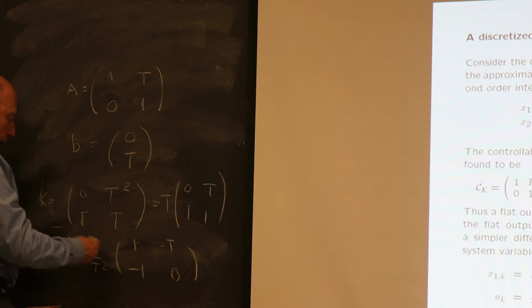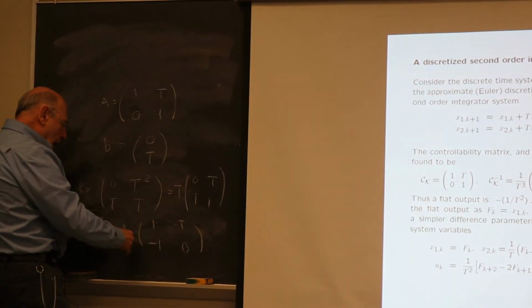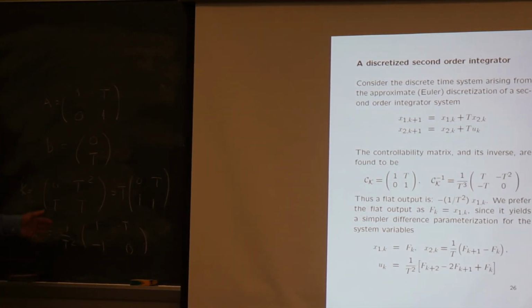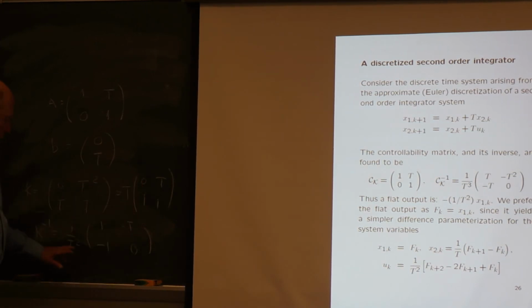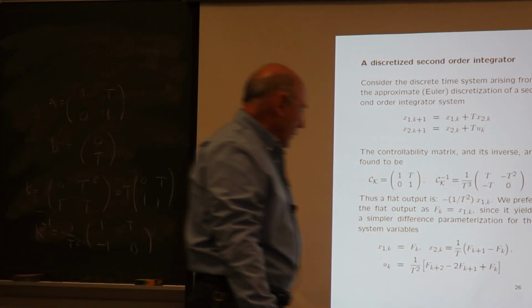So we can take this proportionality factor so that we can kill any coefficients and make it more comfortable. So the last row of the inverse of the controllability matrix is proportional to x1, and therefore we can take the flat output to be x1. We don't need to take plus 1 over t squared x1. There's no need for that.